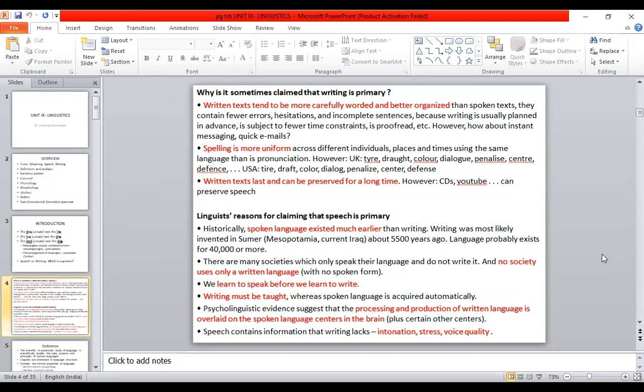So the meaning also is conveyed in different ways then, because say for example, have a cup of tea. I'm just giving you a very common example. Now when I read a particular line, have a cup of tea, and there's no punctuation mark saying, so I can read it whichever way I want.